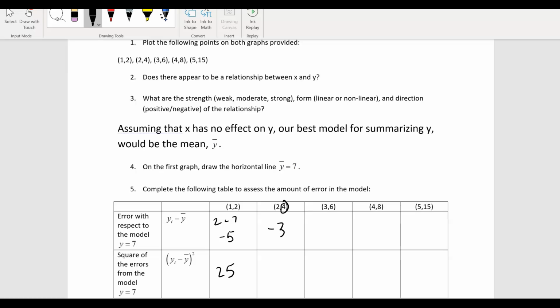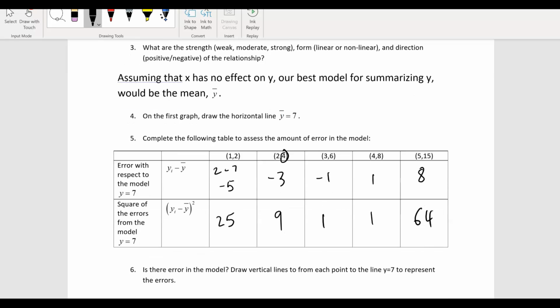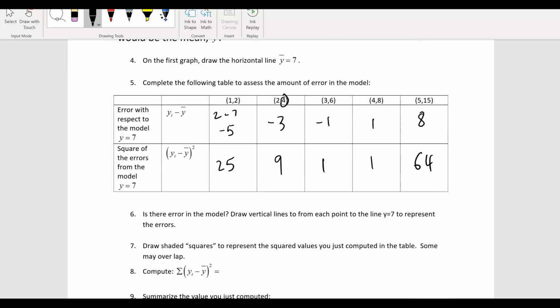We're taking the y value minus the average, which is 7, and we square that, that's 9. 6 minus 7 is negative 1. We square that, that's positive 1. 8 minus 7 is 1. We square that. And then finally, 15 minus 7 was 8. We square that, that is 64. If we add all of these up, the sum of these squares, 25 and 9 is 34 and 36. They're going to add up to 100.